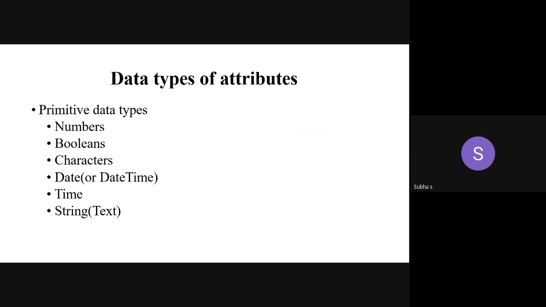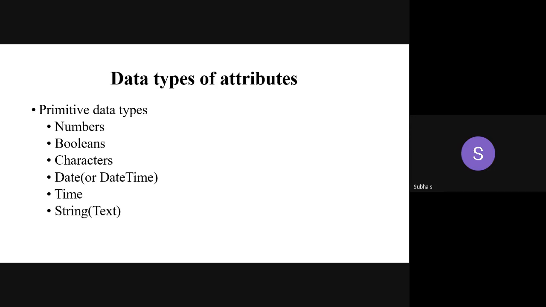Next, data types of the attributes. What are the different data types that we can use in the attributes? Very common primitive data types are number. Age colon number, simply I can make it number. Then Boolean, where I can give true or false expressions. Then character. Date as one data type. Time.